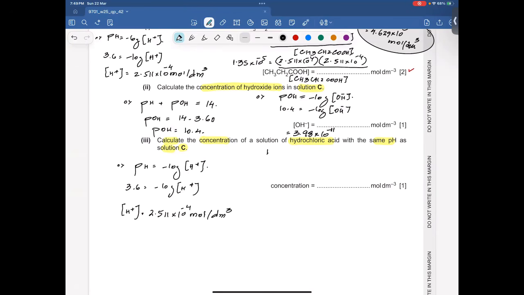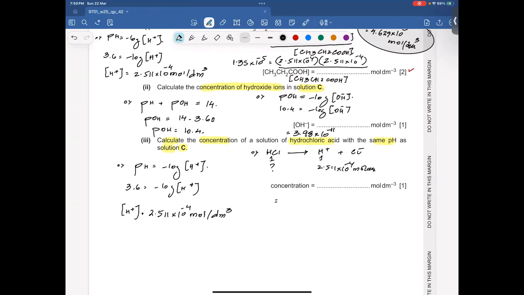Okay. We know that HCl is a strong acid, ionizes fully into its hydrogen ion and chloride ion. According to the equation, we have a 1:1 ratio. So when we have 2.511 × 10^-4 molar, meaning mole per dm cube, then obviously we'll get the same concentration of HCl also.